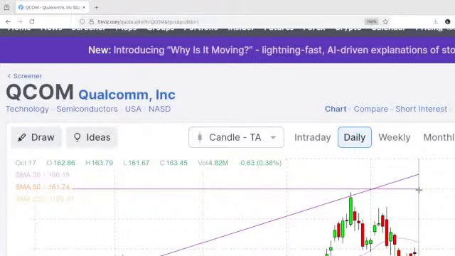Meanwhile, the SMA 50 is 161.74. So which one is lower? Oh yeah. For the fact that the 50-day moving average is higher than the low of the day, it means the price did touch that support. All right.